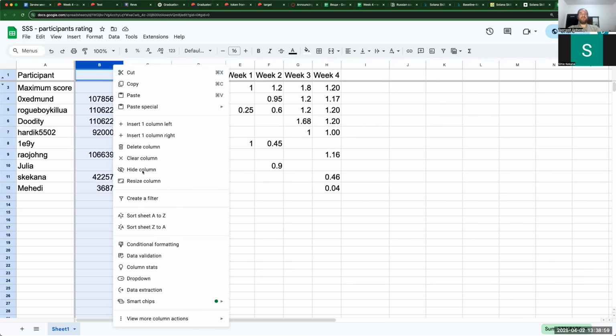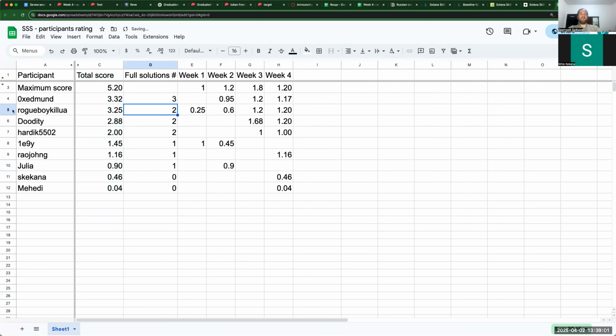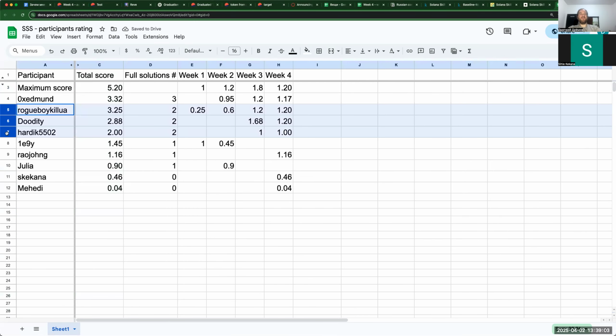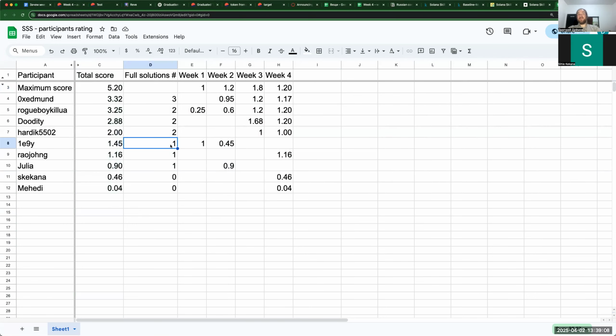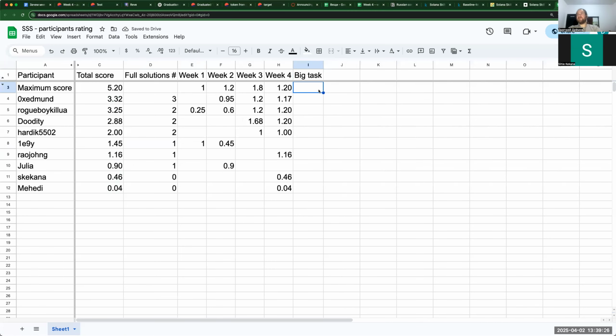There are a few others that solved at least 2 tasks, and some people who successfully solved 1 task. I think this rating will grow over time. And this big task, of course, will have bigger weight, but it's just part of the same rating. That's it.